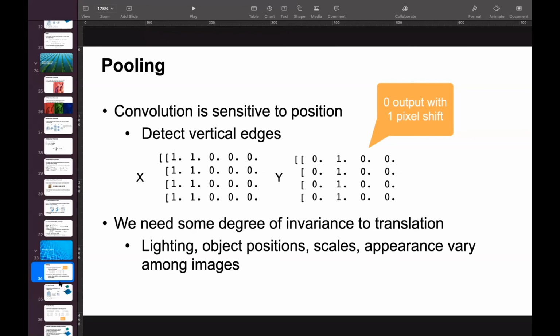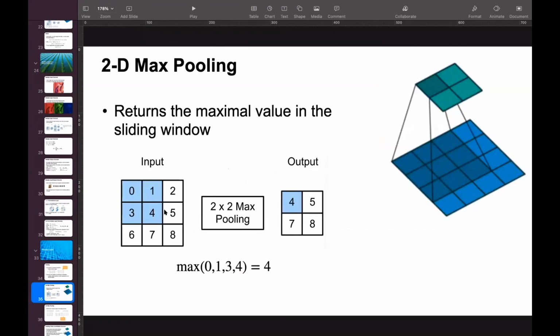I want to show you this video about what pooling is doing. Pooling is this idea of reducing the light blue image to the light green image in a meaningful way. And the key is in a meaningful way.